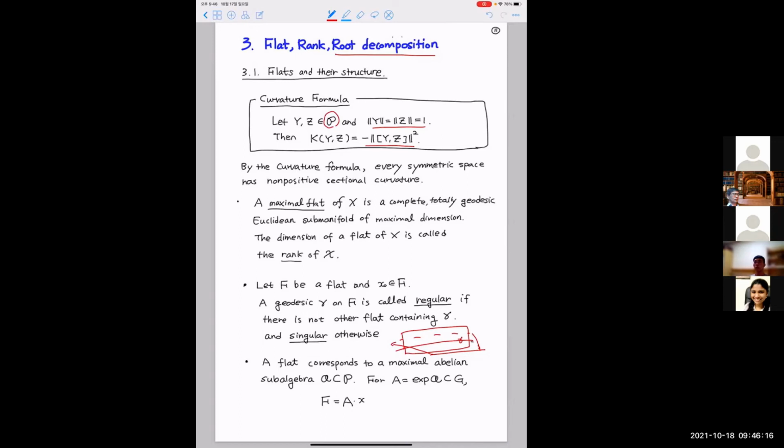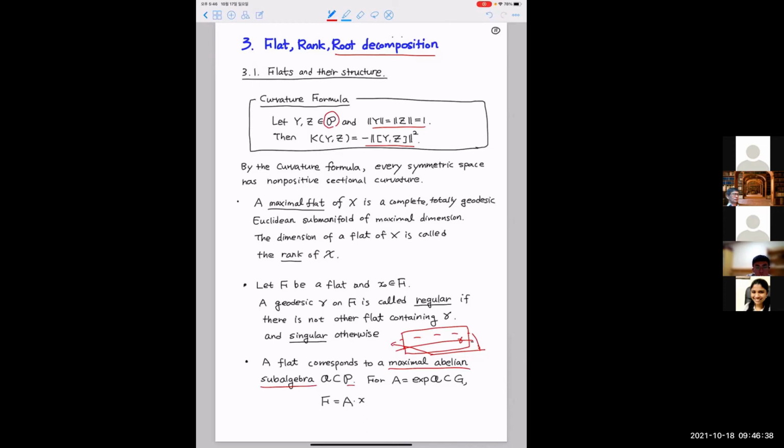Okay, so we can turn the geometric data into algebraic data. Actually, the maximal flat corresponds to the maximal abelian subalgebra of p.